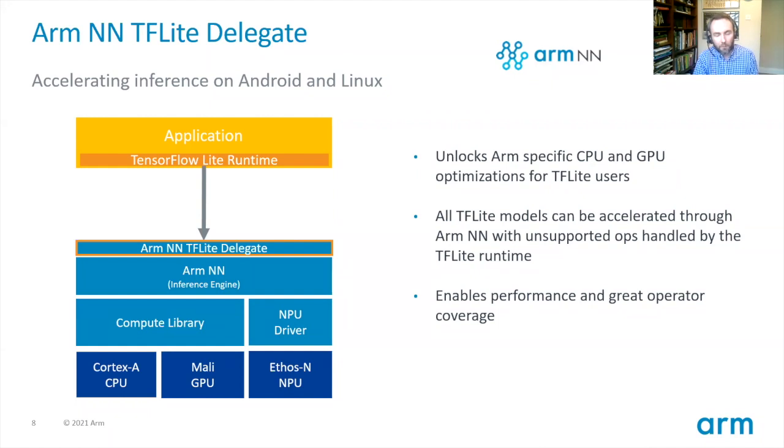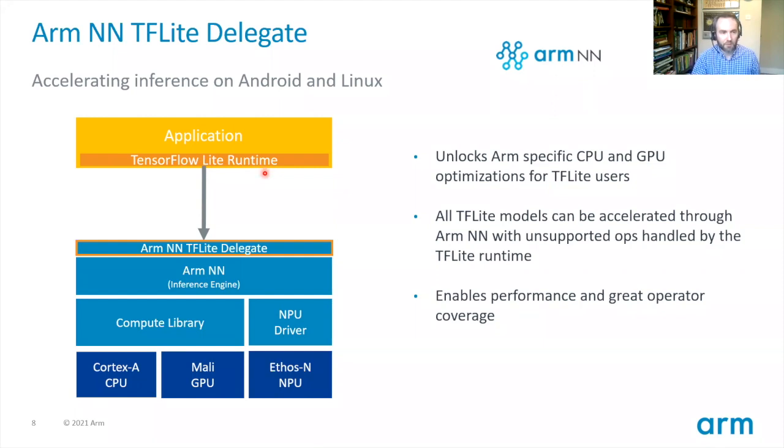Now, previously I mentioned that we don't support all operators, and we only optimize the key operators. So what happens if we have an operator that isn't supported? Well, in this scenario, the TensorFlow Lite runtime calls out to its delegates and asks, what operators do you support? The delegates respond and inform the runtime of what operators they support.